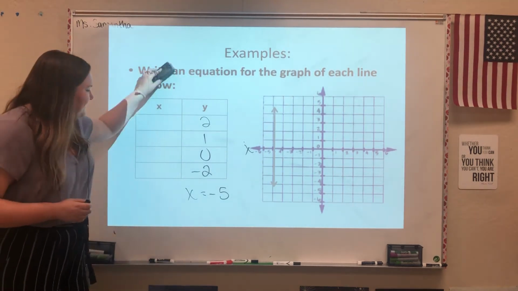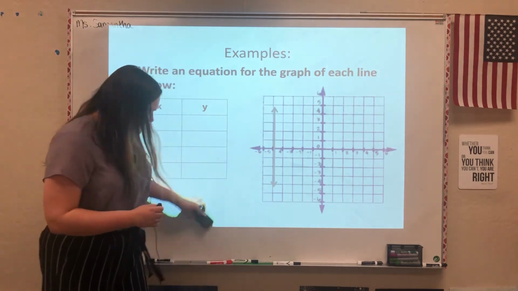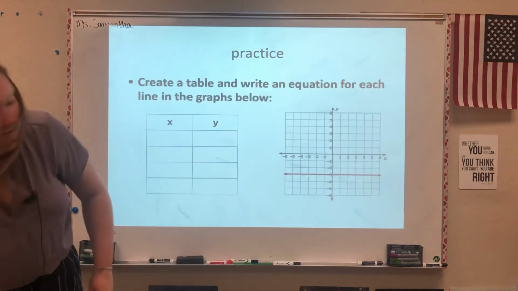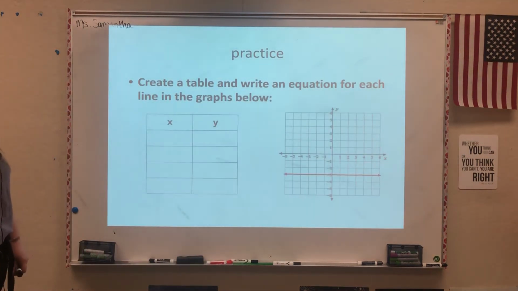I'm going to go ahead and erase all this. We've got, whoops, sorry. This will be the first practice one, similar to what we were just doing. It says create a table and write an equation for the line in the graphs below. This is the first one.